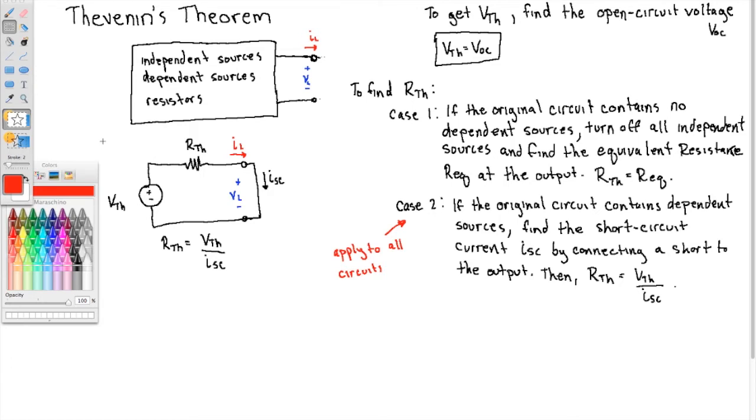Alright, so let's look at some examples now, some concrete examples, and we're going to start with only case 1 so you can get the general idea of what's happening here, and then we'll eventually look at case 2. Alright, so I'm going to leave these things up here, and I'm just going to draw the circuit down here.